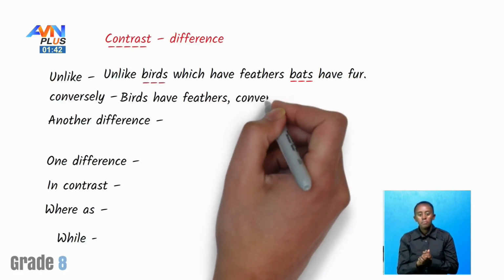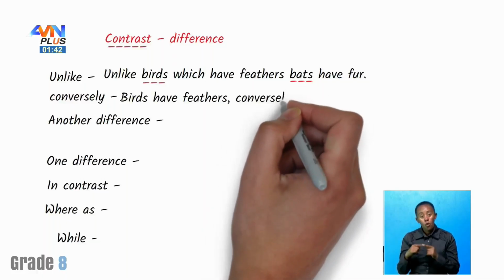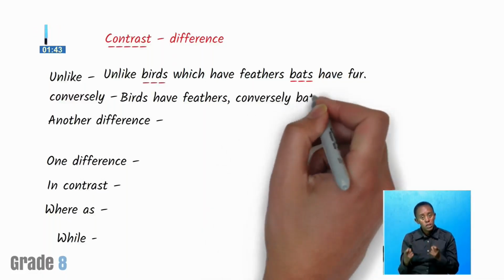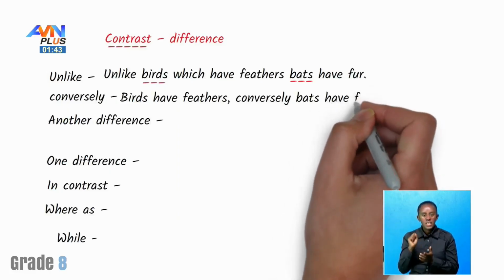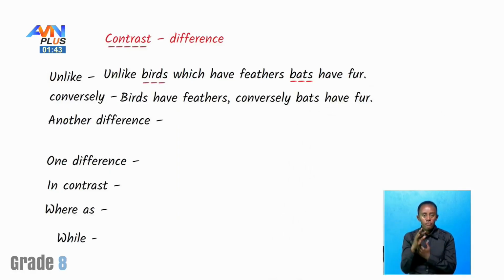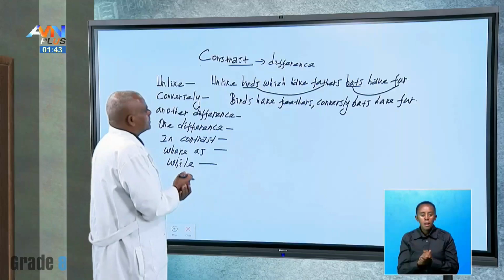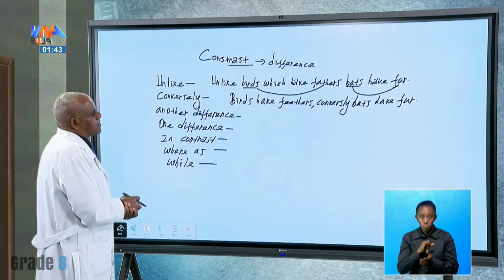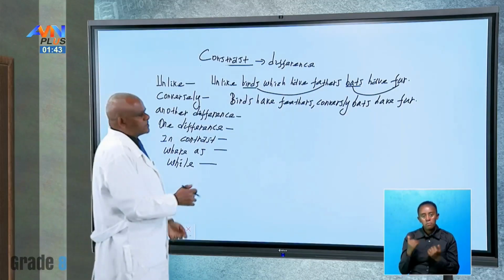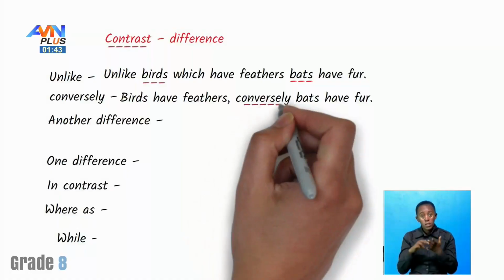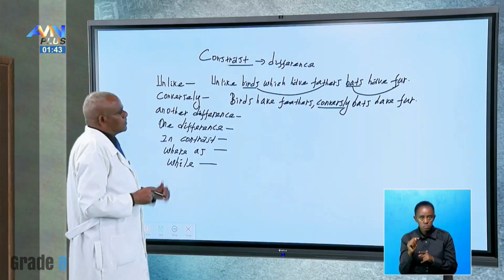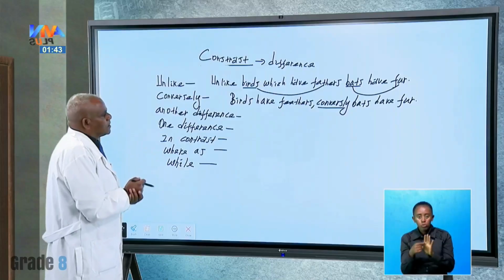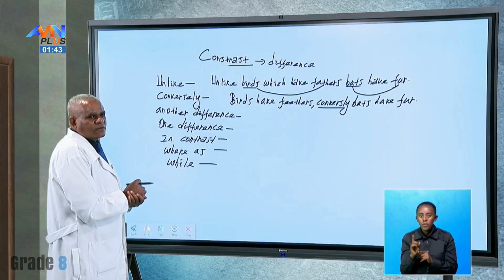Conversely, bats have fur. Possible. Birds have feathers. Conversely, bats have fur. Now, conversely is a contrasting what? Word or expression, to show the difference of the two kinds of birds.